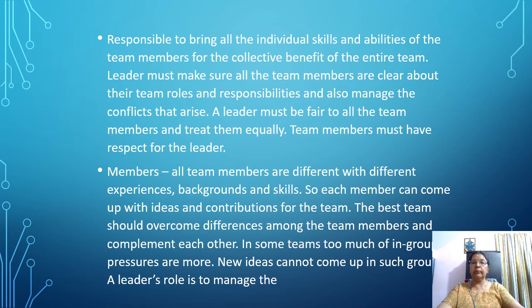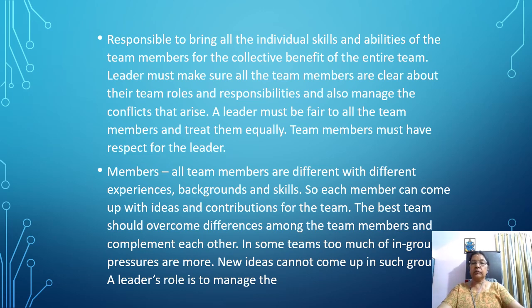So the team, even though it may be diverse, having members from different areas, different backgrounds, different skill sets, should be able to work together unitedly as a team and achieve the common goals. So in teams, we find a lot of in-group pressures. That is, conflicts will be there among the team members. They will be competing with each other.